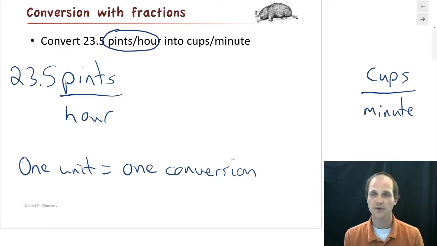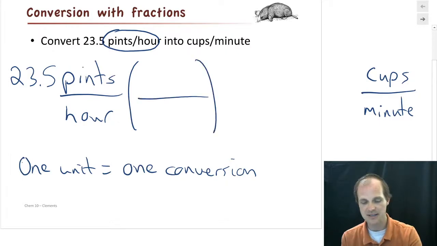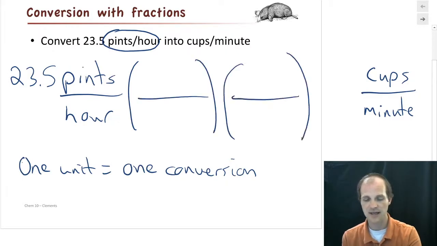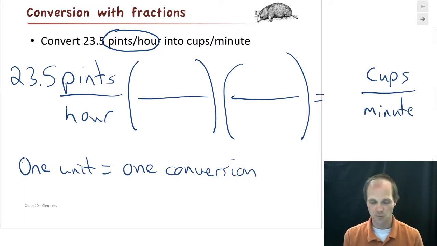You're not going to convert pints per hour to cups per minute in 1 step. We're just not going to be able to do that. As a result, we know we're going to start with at least 2 conversions. Again, there's a chance there's going to be even more, but for now, we're going to start with these 2. So we have to do 1 conversion for each one of these.